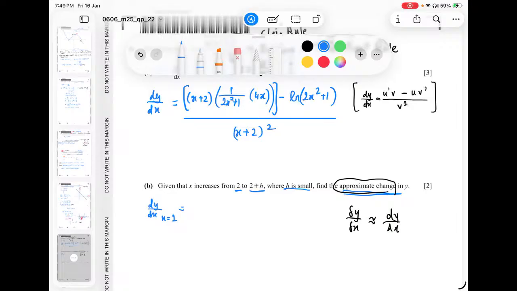So that should give you 4 times 1 over 2 times 2 squared would be 4 times 2, which is 8, plus 1, which is 1 over 9, times 4 times 2 will give you 8. So then minus ln 2 times 4, which is 8 again, ln 8 plus 1, which is giving you 9, and then x plus 2 squared would be 4 squared, which is 16.